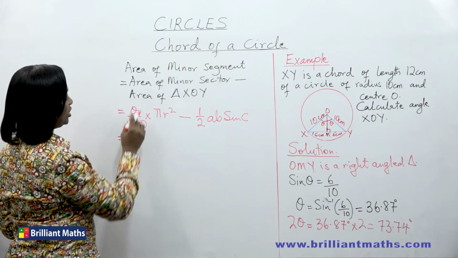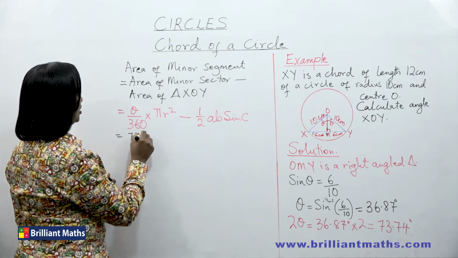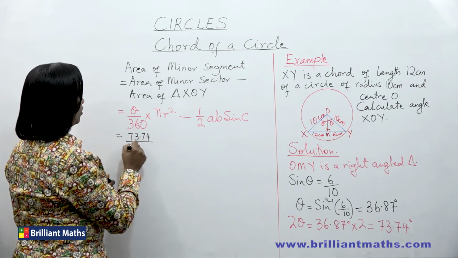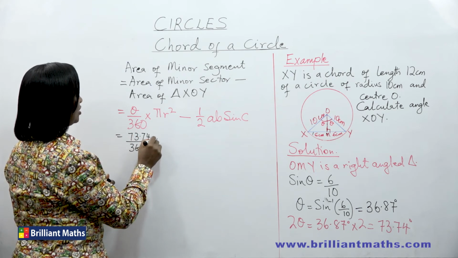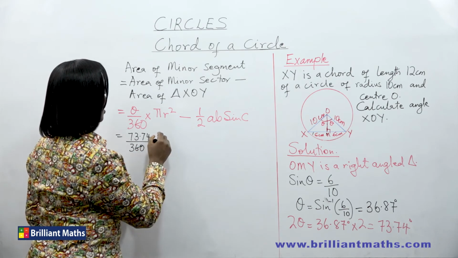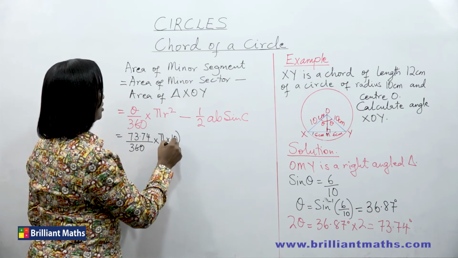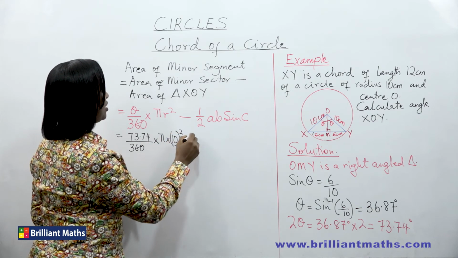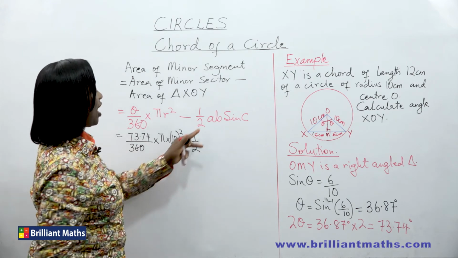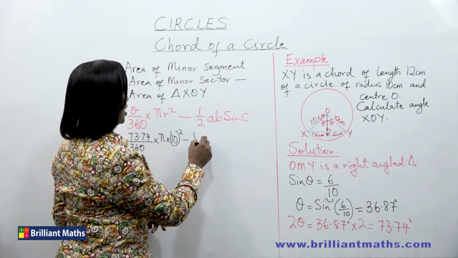So this is equal to theta is 73.74 over 360 times pi times r squared, times pi times 10 squared, minus half. Our AB is 10 times 10, so that is 10 squared.